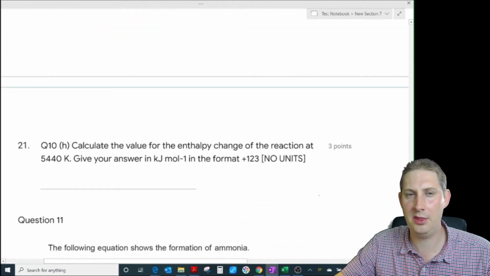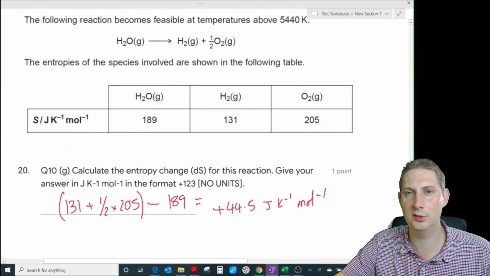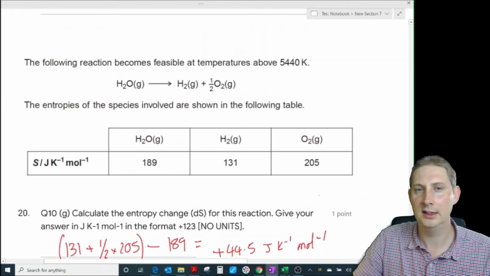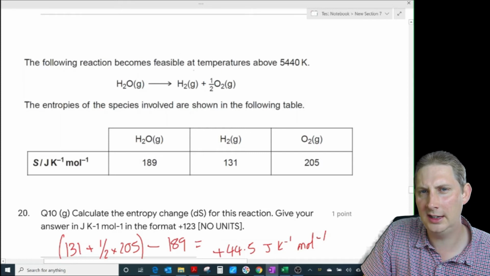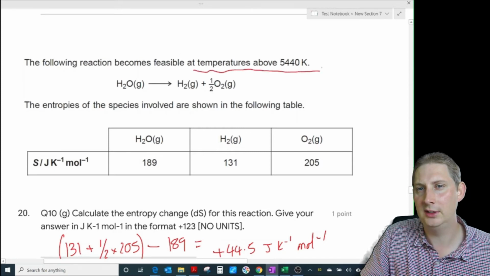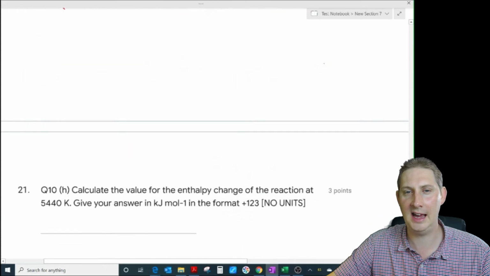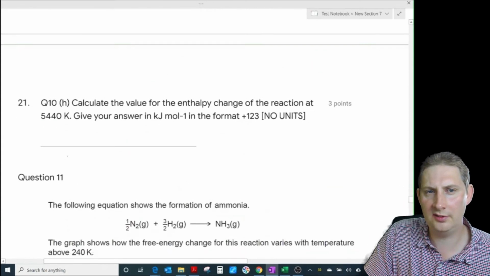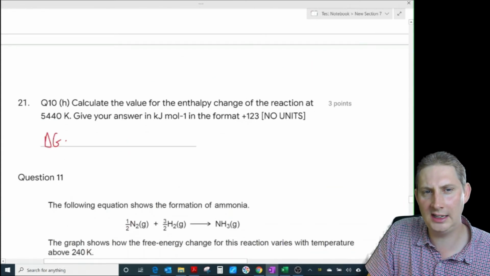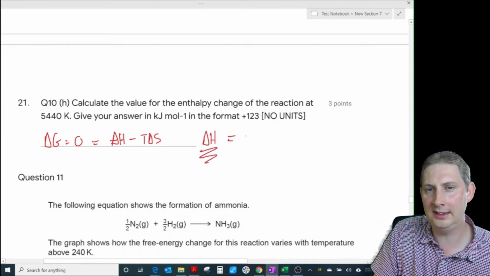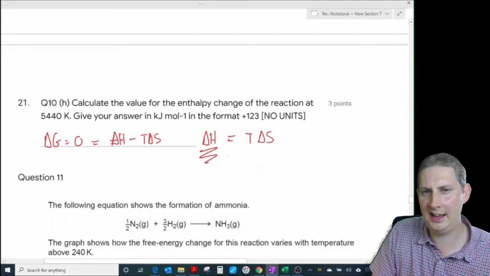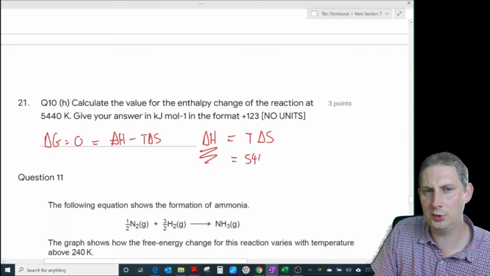Calculate the value for the enthalpy change of the reaction at 5440K. Okay, so the key thing here is that the reaction becomes feasible at temperatures above 5440K. So we know that at 5440K, delta G equals 0 equals delta H minus T delta S. In other words, the enthalpy change is T times delta S. The temperature is 5440.